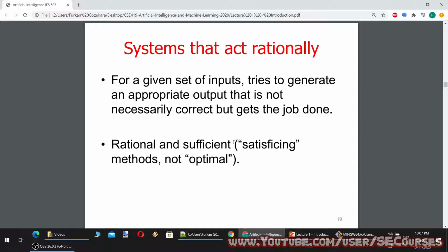What does that mean? That means we try to achieve success. We try to solve a problem. It doesn't have to be the best way. It doesn't have to be the optimal way. But our aim when acting rationally is getting as much benefit as possible. Okay.